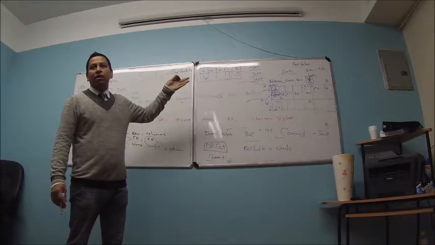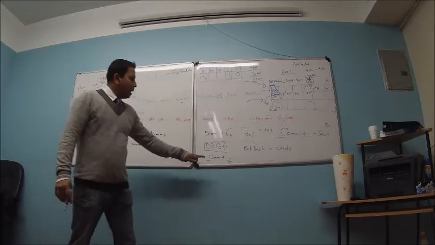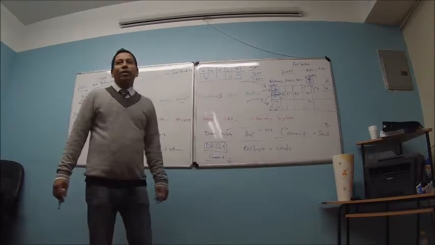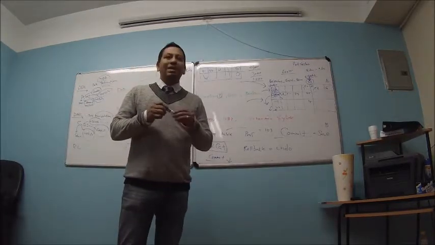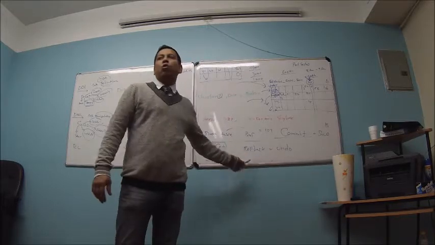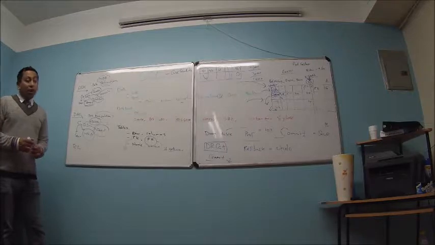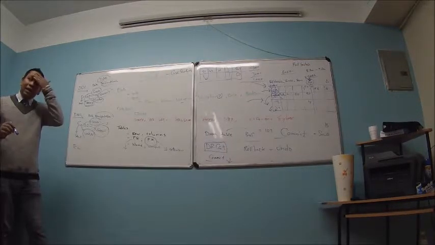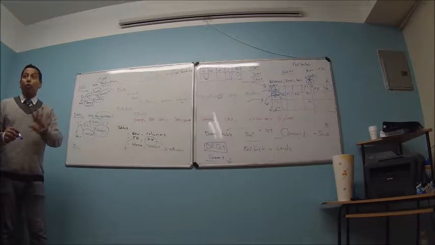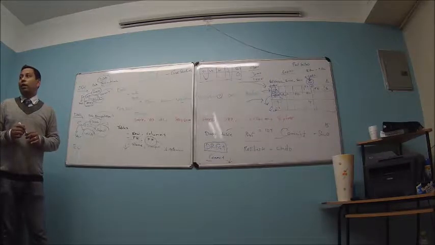But if you commit it, you cannot undo anymore. When you write commit, after that rollback doesn't work. So make sure you do it correctly. Before you do a rollback or commit, make sure everything you have done is correct.